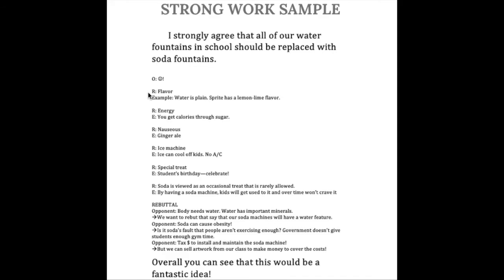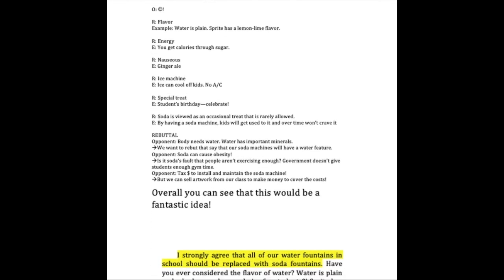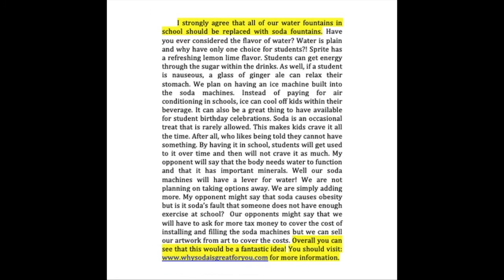They support their strongly held opinion with 1, 2, 3, 4, 5, 6 reason and example cycles, followed by the rebuttal of 3 opponents' arguments that they're anticipating. All of this planning coalesces into a nice, tight, sufficiently supported persuasive paragraph.